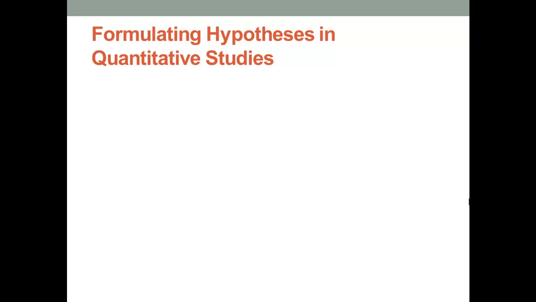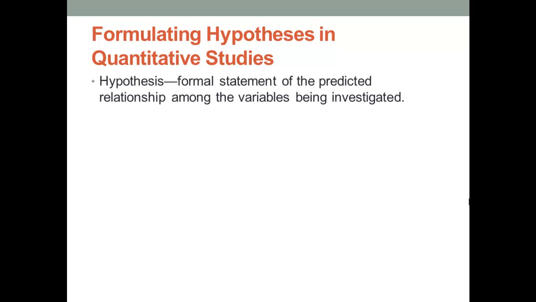If you are conducting a quantitative research study, you will typically state your specific hypotheses that you have developed from your literature review. A hypothesis is the researcher's prediction of the relationship that exists among the variables being investigated. If you wrote a research question, the hypothesis will be your tentative answer to your question.